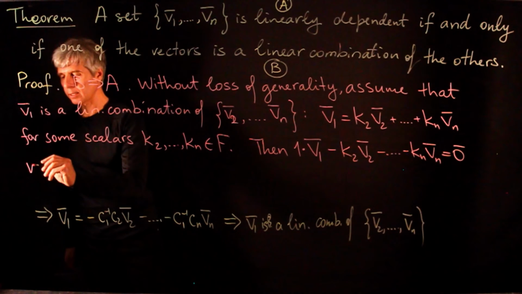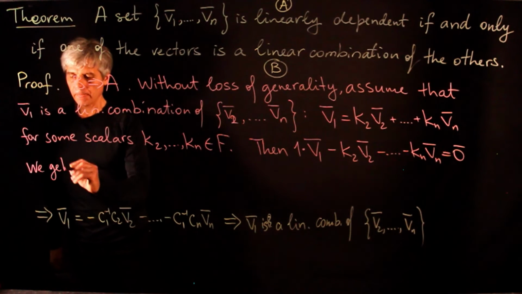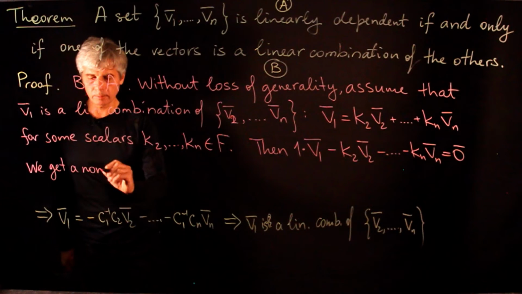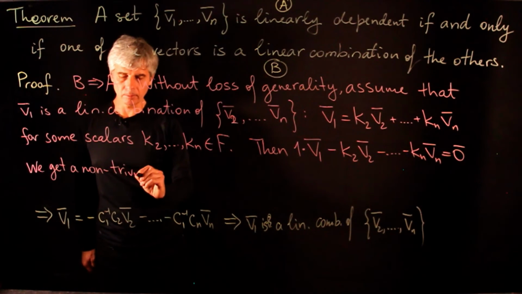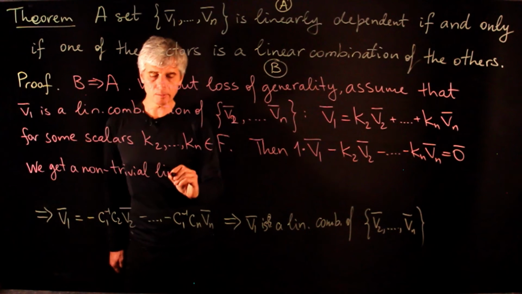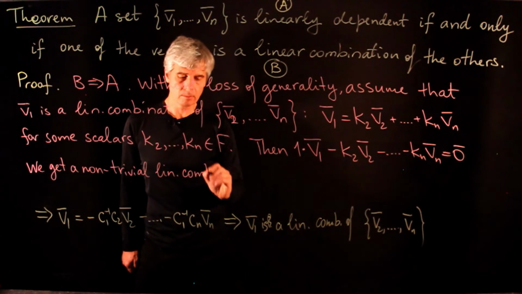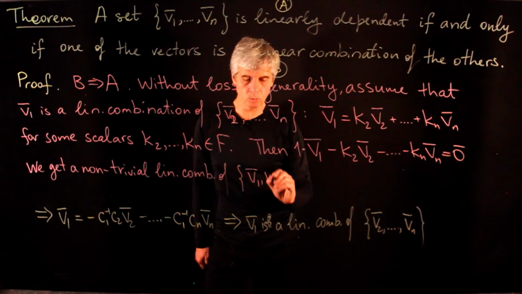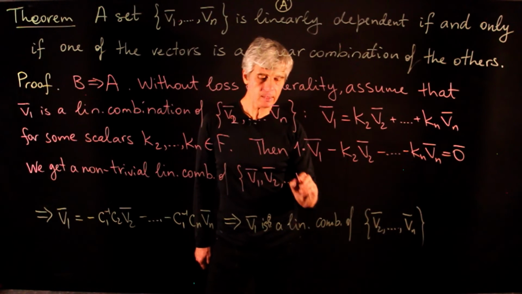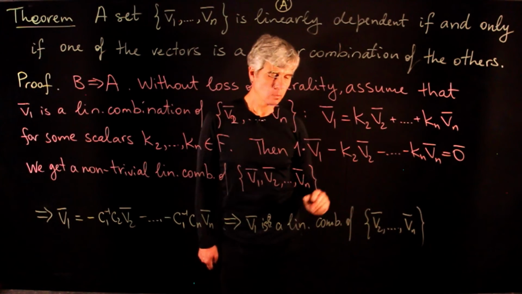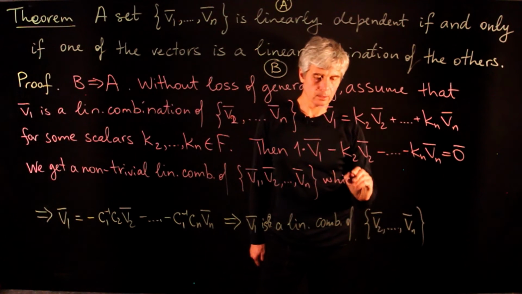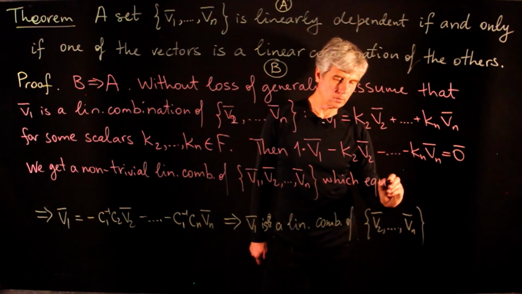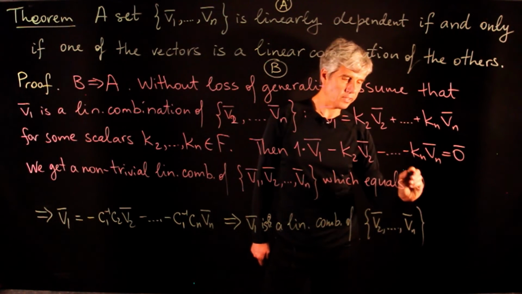And so we get a non-trivial linear combination of vectors V1, V2 through Vn, which equals 0 vector.